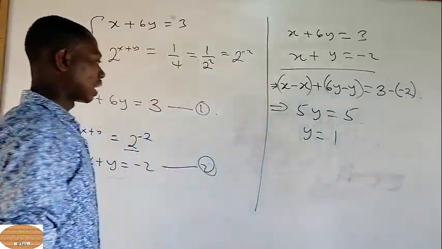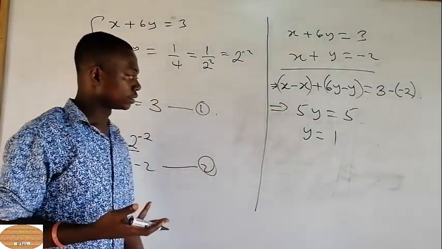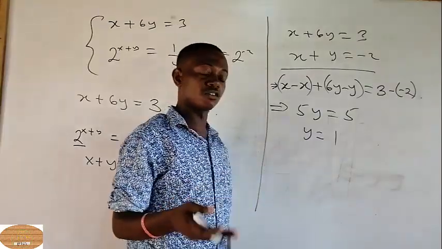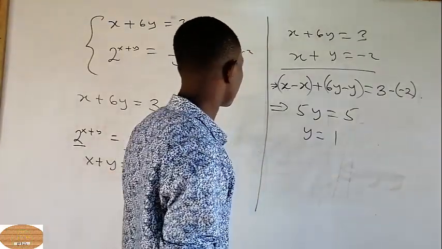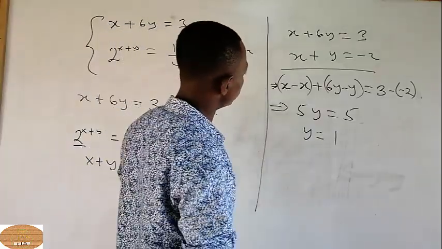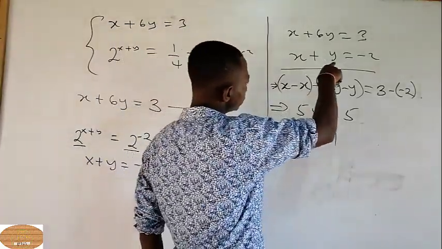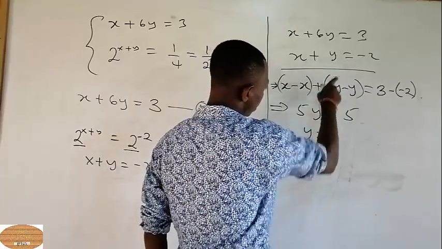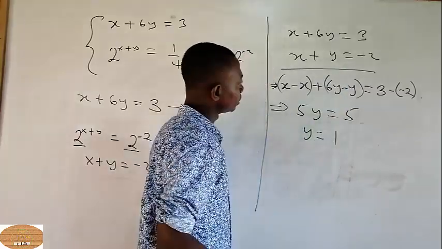Now that we have one of the variables, we can use any of the equations to solve for the other variable. Let me use the second equation, x plus y equals minus 2. Where I see y, I'll put 1 because y equals 1.